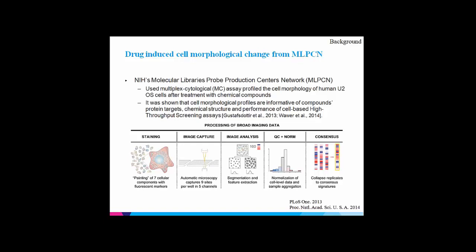Basically they treat the cells with drugs or small molecule compounds, and then they did this cell staining assay where they are able to stain different organelles within the cells, and then they used image capture and automated image analysis to extract a set of morphological features within the cell that are representative of the morphological signatures of drugs and small molecule compounds.